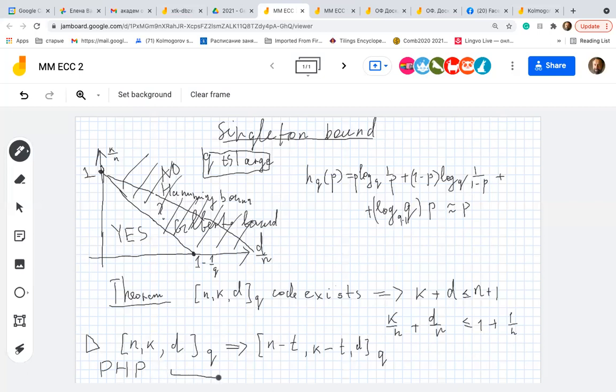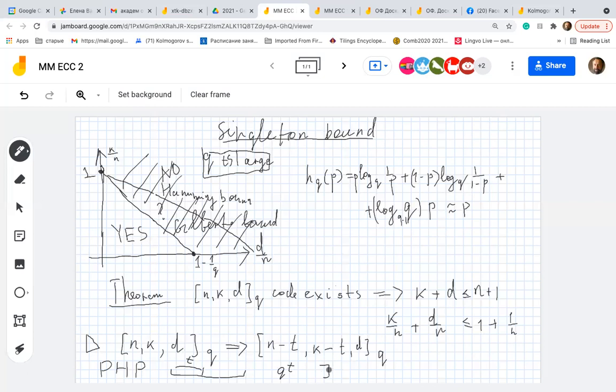and we consider the first t symbols in all code words, and the total number of prefixes of length t is q to the t, and hence there is some prefix for which at least q to the k minus t code words have that prefix, by the pigeonhole principle.